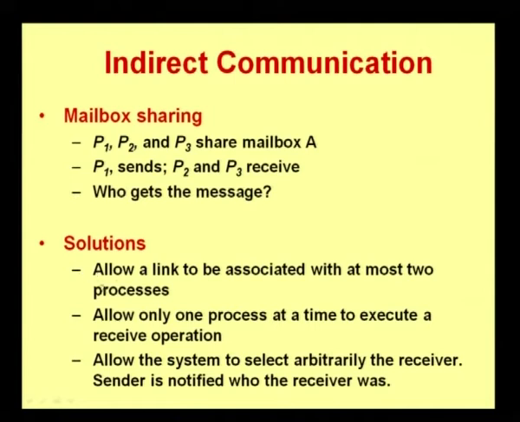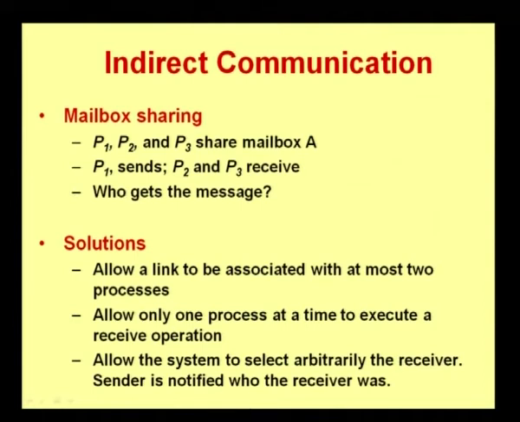The solution is here. It allows a link to be associated with at most two processes, and allows only one process at a time to execute the receive operation. Always at one particular instance of time, only one process can get executed. It allows the system, that is the operating system, to select the receiver arbitrarily.